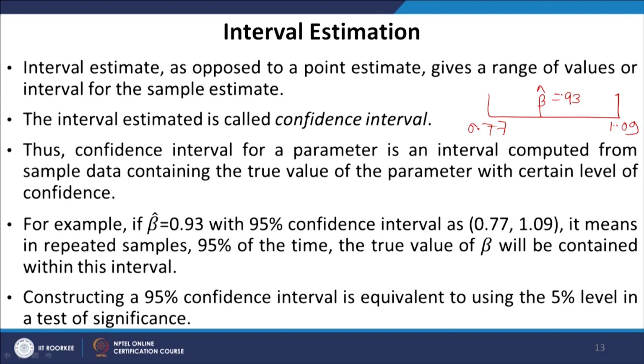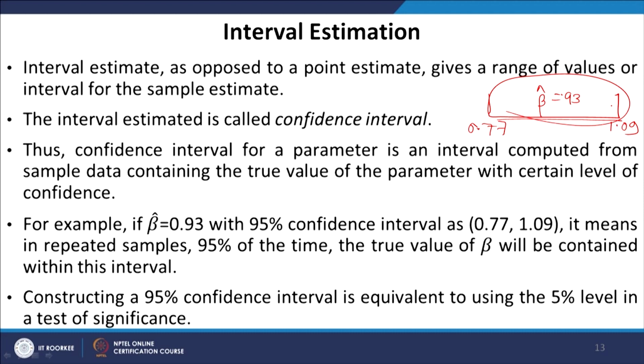Then it means in repeated samples 95% of the time the true value of beta will be contained within this interval. Constructing a 95% confidence interval is equivalent to using the 5% level in a test of significance. So, they are basically the same concept.